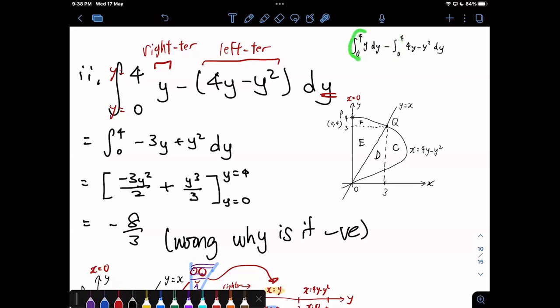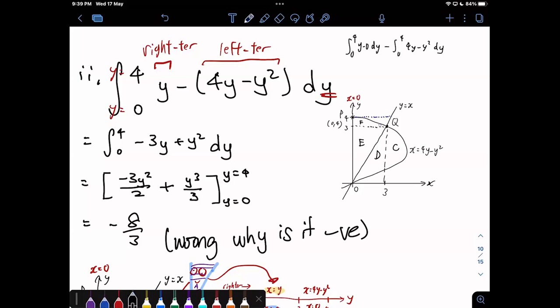Okay, so what is the integral from 0 to 4 of y? In terms of the letters, which regions is it? There's an invisible y minus 0, if you want to think of it as righter and lefter. So over here, actually, I need to draw one more horizontal line here.